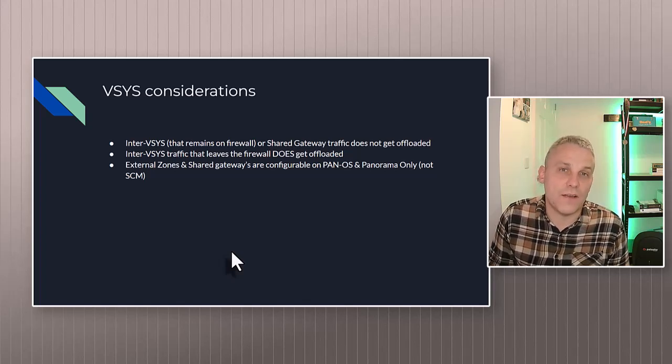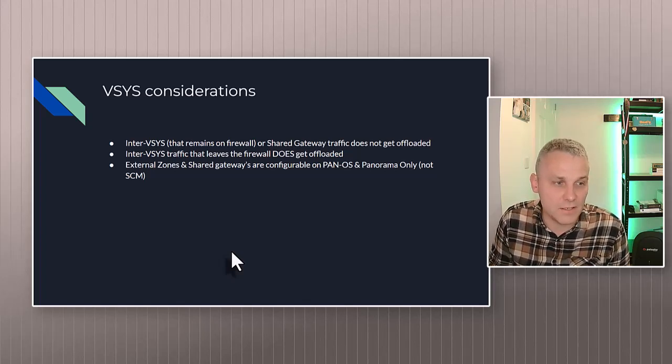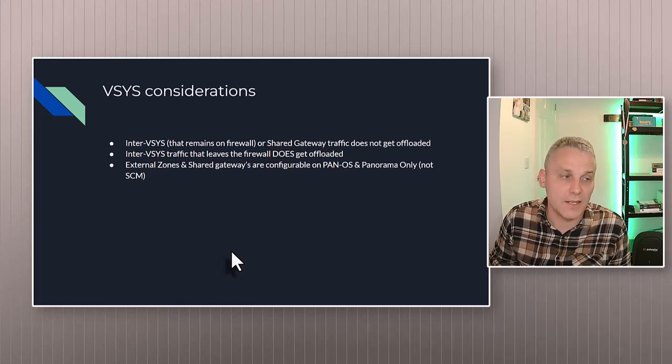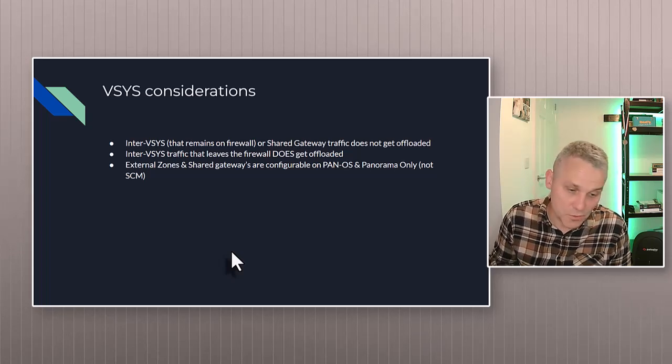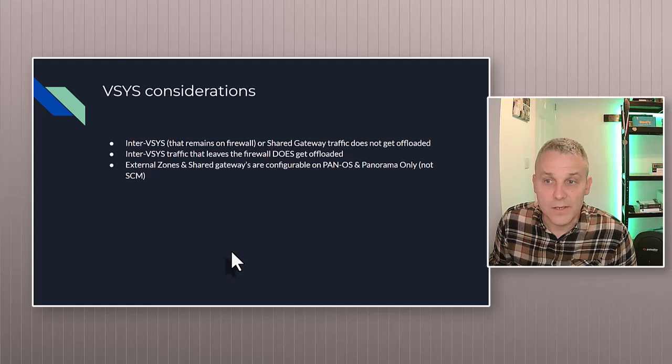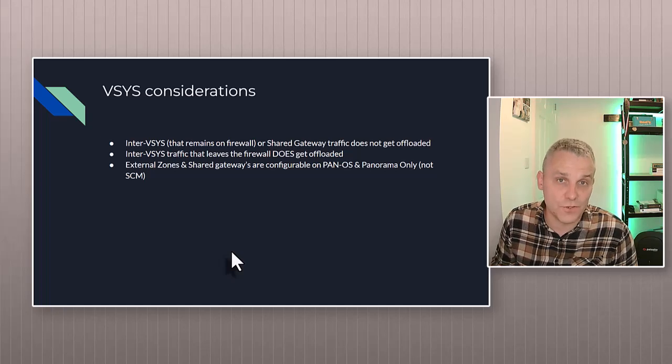Offloaded traffic is a resource saving mechanism: when it's worked out that traffic doesn't need further scanning, it can be sent to an offloading chip, which is much more resource friendly on the firewall as the traffic is traversing it. So inter-VSYS traffic and shared gateway traffic has the capacity to increase the resource usage on the firewall.